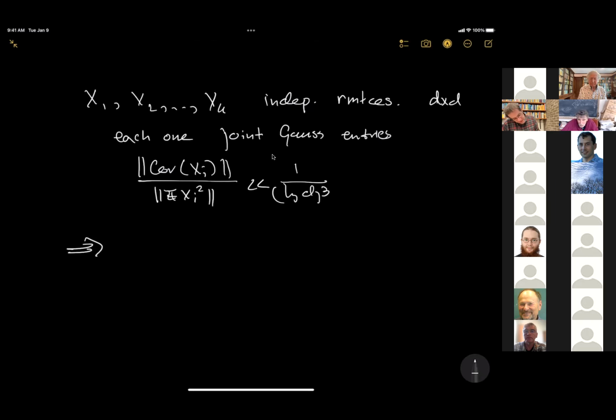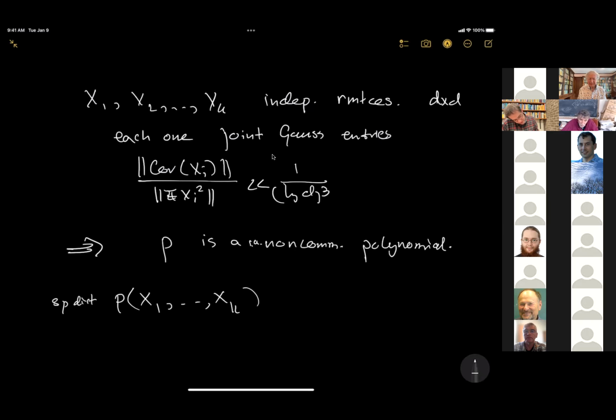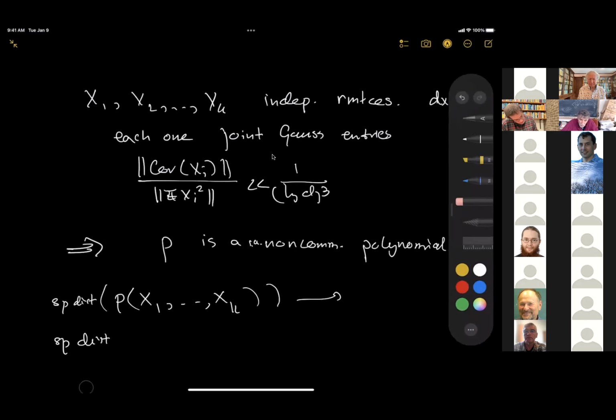Then our theory says that if P is a non-commutative polynomial, let's say self-adjoint so it has real eigenvalues, then for any such polynomial, if I take that non-commutative polynomial of these independent random matrices, the spectral distribution, or whatever other quantities you want, is close to, in a quantitative sense, the same object with the free counterparts. There's no convergence here, it's a quantitative statement.